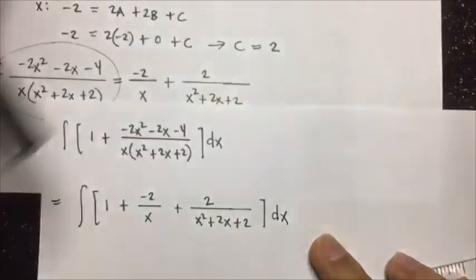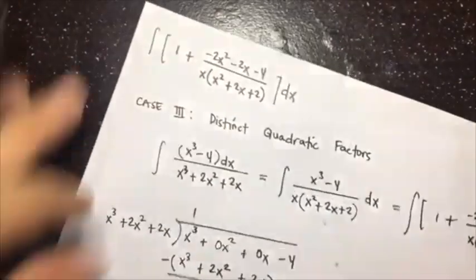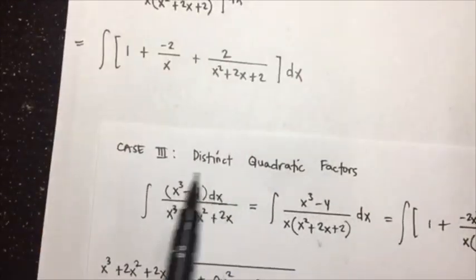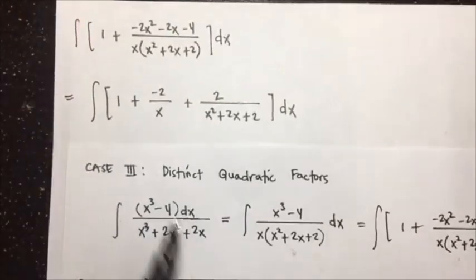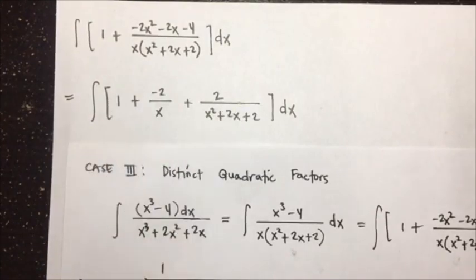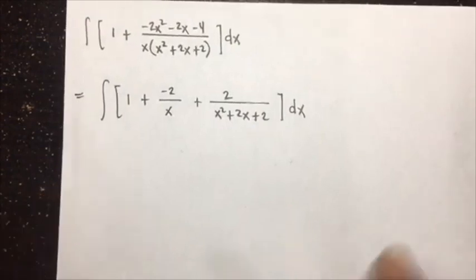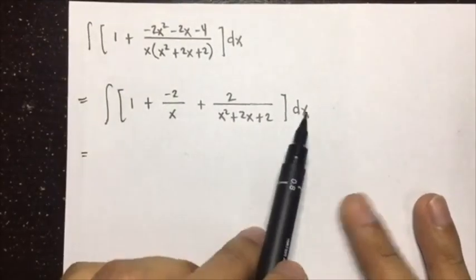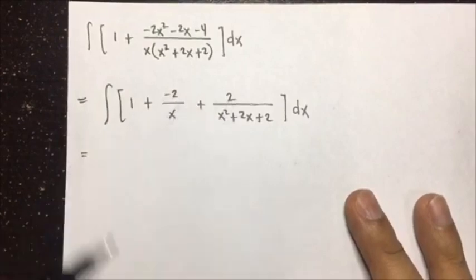Okay, dx. From the given, performing division and partial fractions, this one is equivalent to this one. Now those terms can be integrated. So let us distribute the integral sign and dx, and then take the numerical coefficients outside the integral sign.